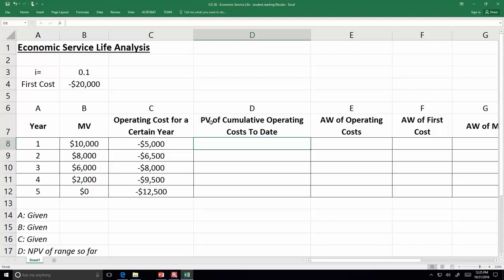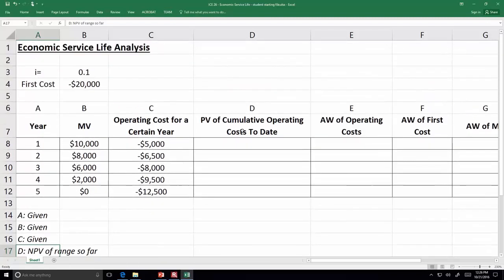So cumulative is one part of it, but the other part is the present value of those cumulative amounts. These amounts are in year 1, 2, 3, and so on. They're not in the present. So we have to use a function that will take them to the present and add them all together once they get to the present. As you can see from this little guide, we're going to use the NPV function of the range so far.